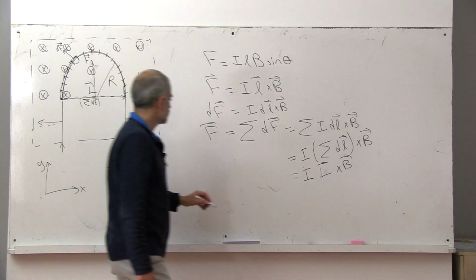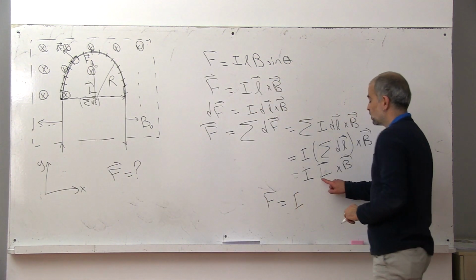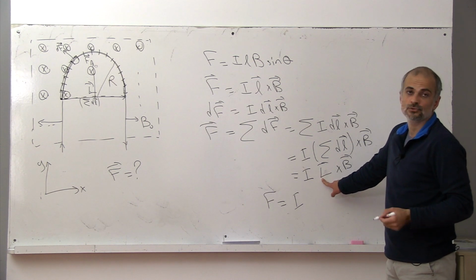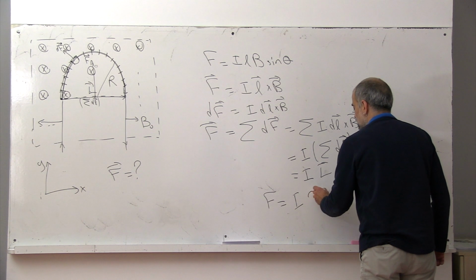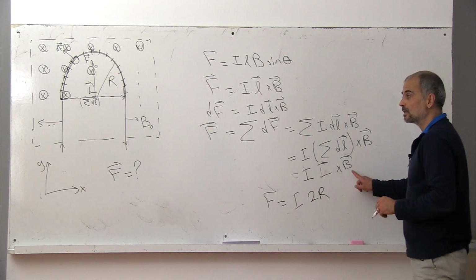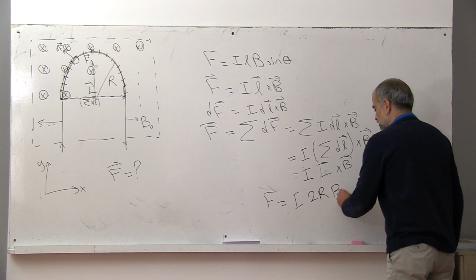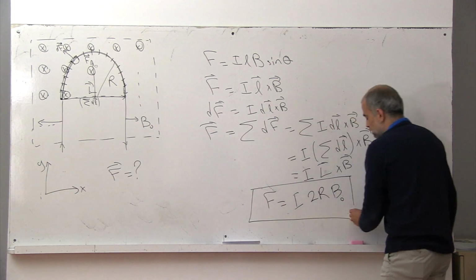And the magnitude of that force is I times the magnitude of L, which is the diameter of that semicircle, and hence the diameter is 2r because the radius is given as r. And the magnitude of B is B0. And this is the magnitude of the force.